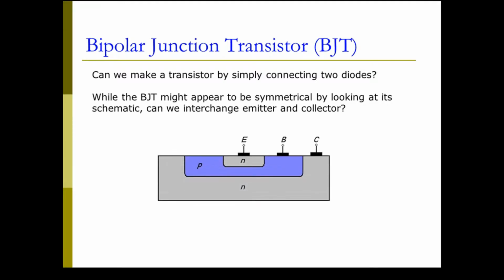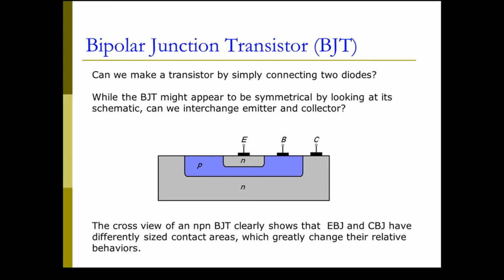The reason is that if you see the real cross view of an NPN bipolar junction transistor, it will show that the emitter base and the collector are not symmetric. And in order to make a transistor perform well, this base region has to be very narrow. Probably we'll take another class to study how this transistor works. But here we are going to focus on how to make it an amplifier.